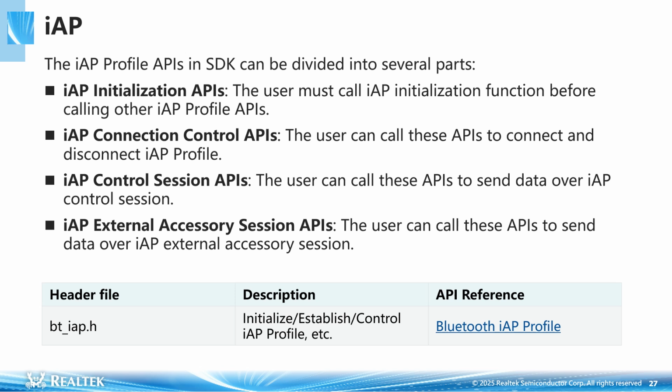IAP control session APIs. The user can call these APIs to send data over IAP control session. IAP external accessory session APIs. The user can call these APIs to send data over IAP external accessory session. More details of IAP-related APIs are provided in the SDK.